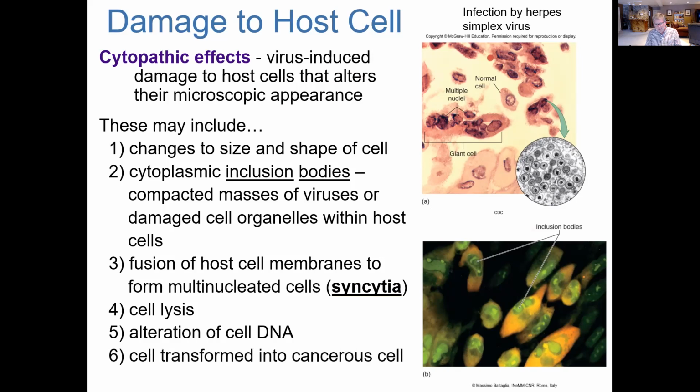And this brings us to an interesting topic that we will spend a few minutes on later when we come back during the next lecture. But when we talk about transformation of cells, sometimes this occurs as a result of viral infection that so alters the cell's DNA that mutations form in that cell and cancer results.